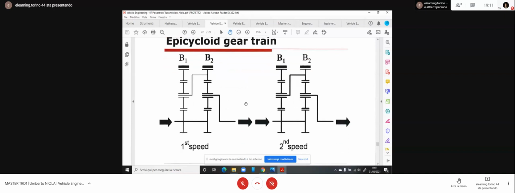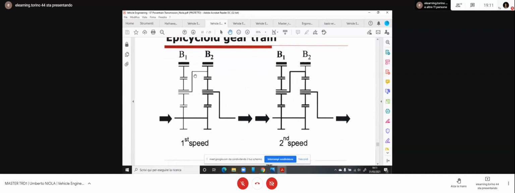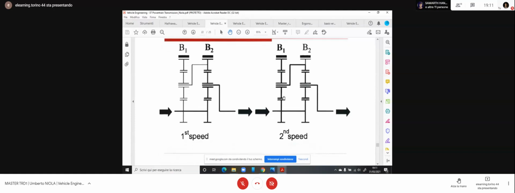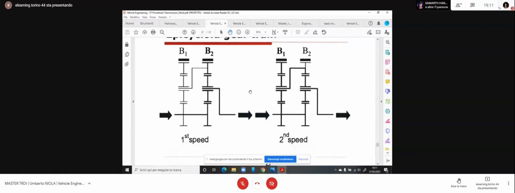So usually you have not less than 2 epicycloid gear trains. The exit from one is used for moving the second one, but you can also go directly on the center part of the second and realize the different speed. What is the benefit of this organization?